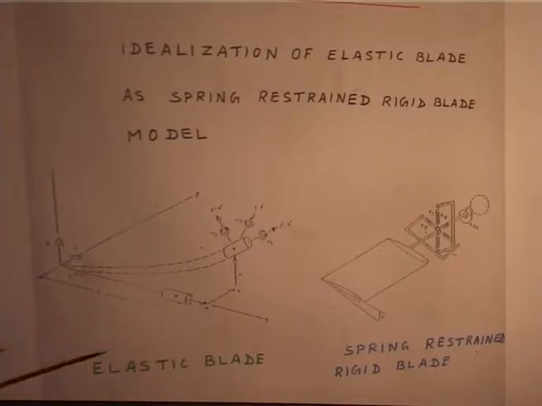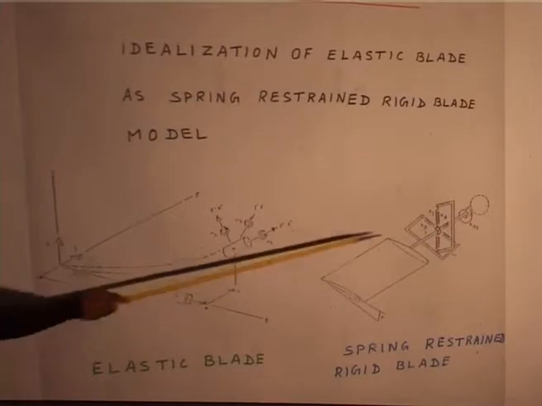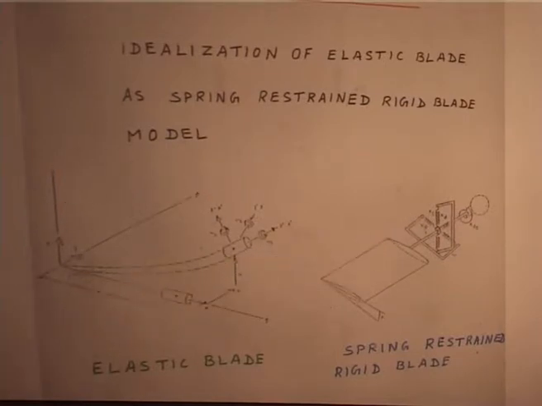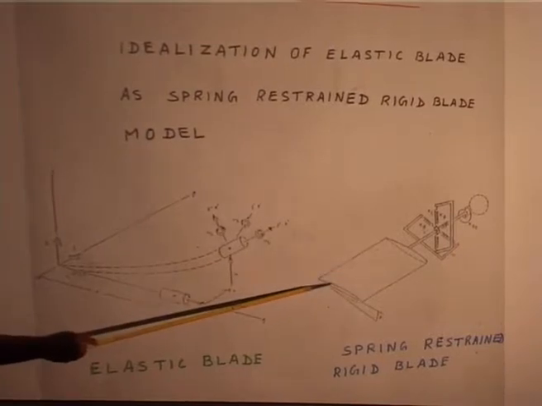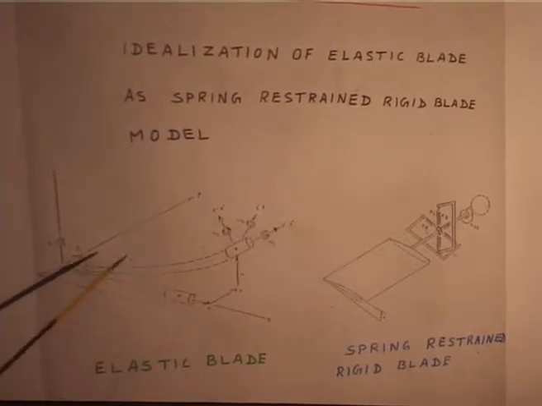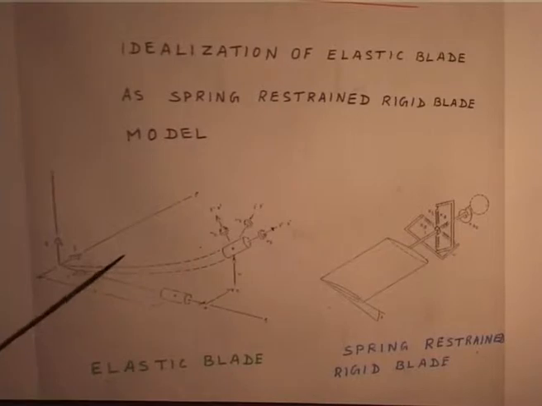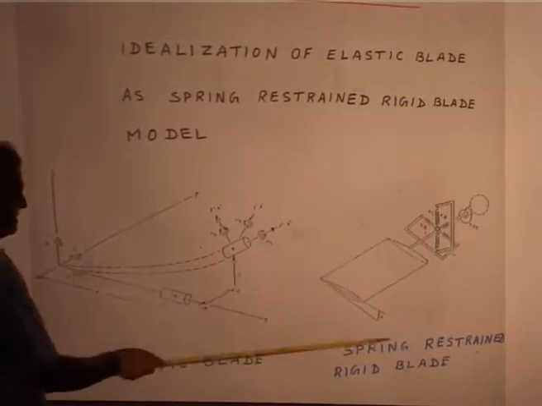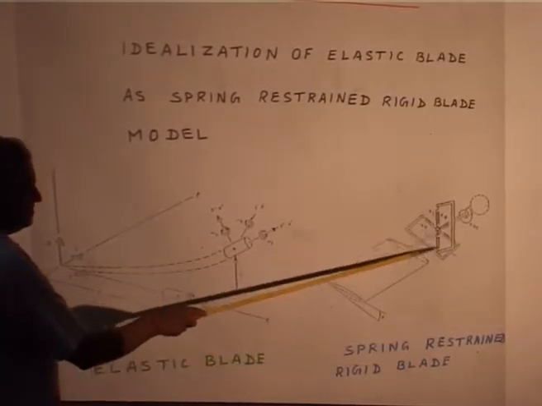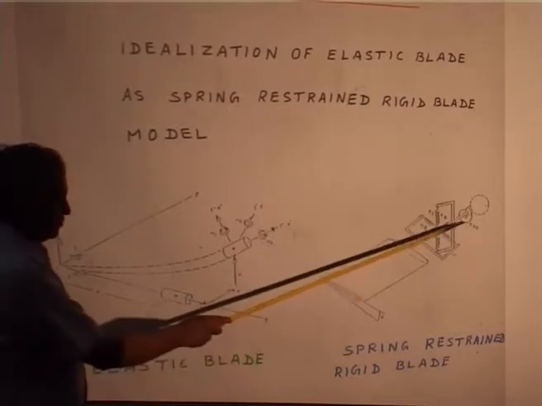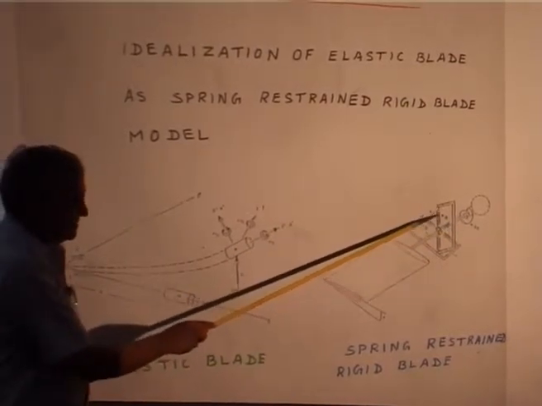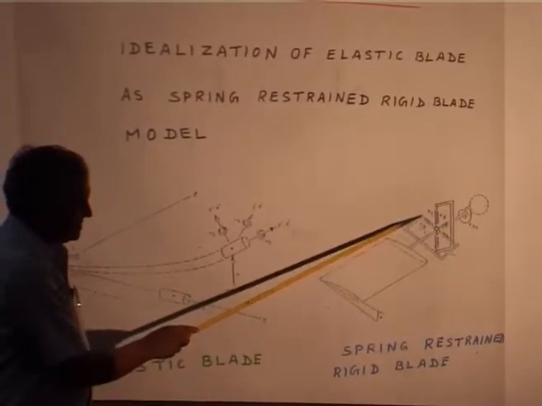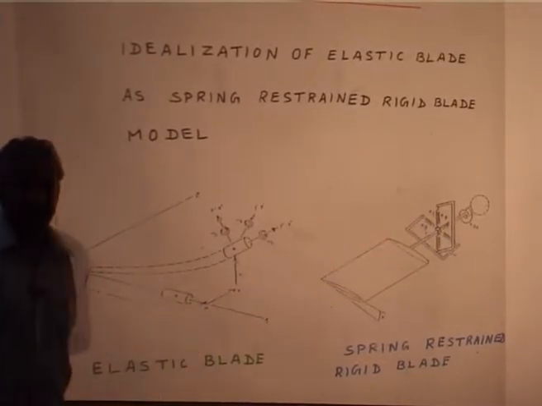But simultaneously they were trying to get a simple model, which is a rigid blade, but represent the entire elastic properties by a root spring restrained rigid blade. So, I have put 3 springs. This is the torsional spring, this is the lead lag spring, this is the flap spring.